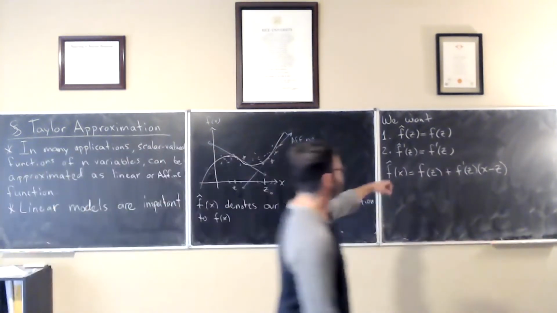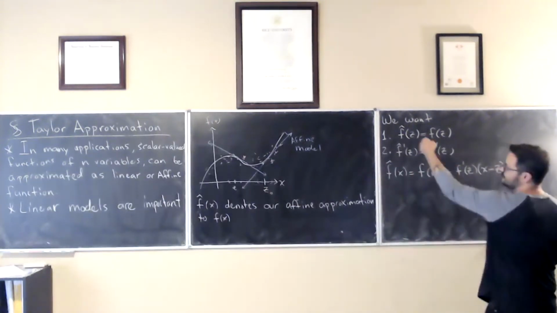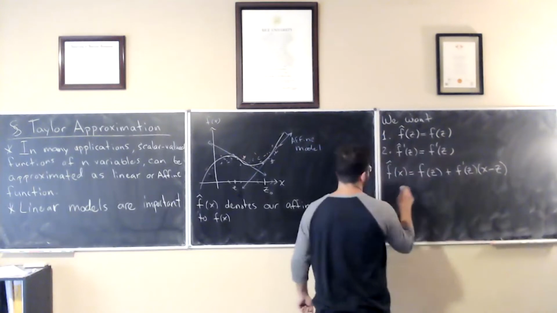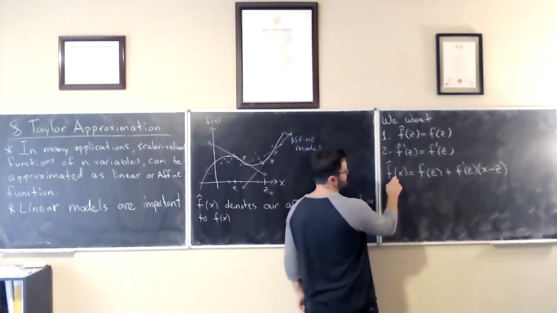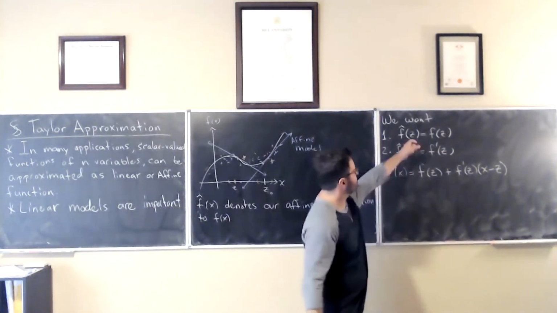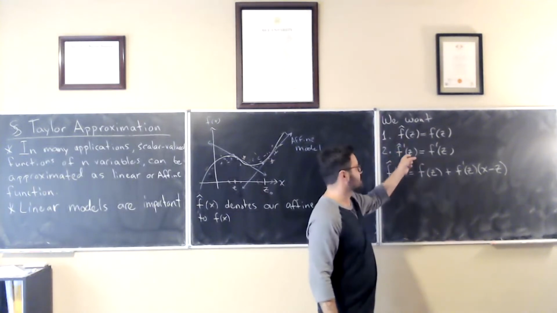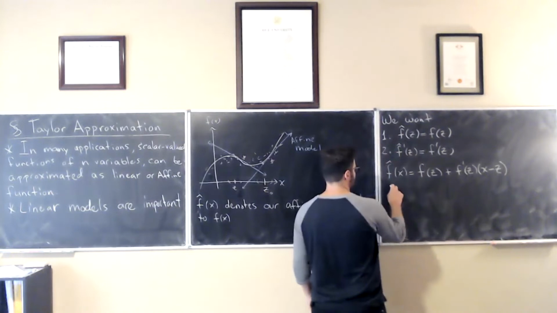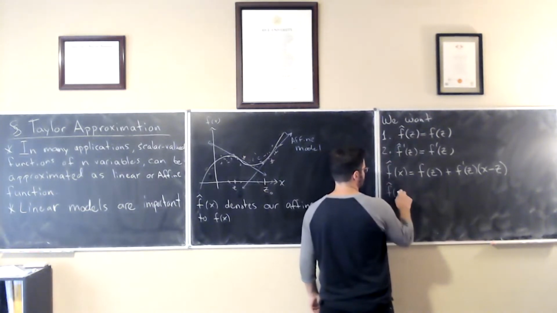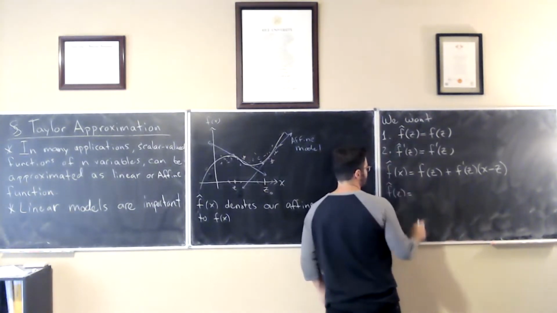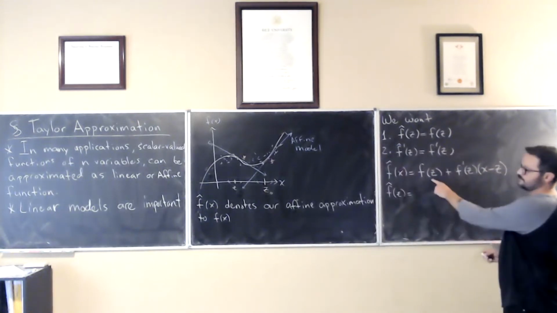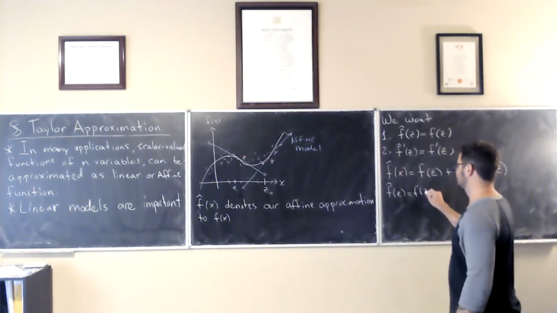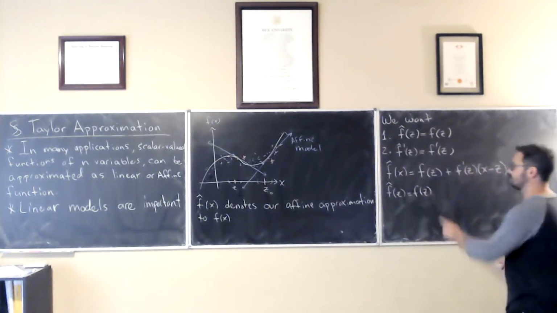So if this is our function, does it satisfy 1 and 2? Do they match up at the value z, and do their derivatives match up at the value z? Well, if I plug in z, that's just the true function's value at z.